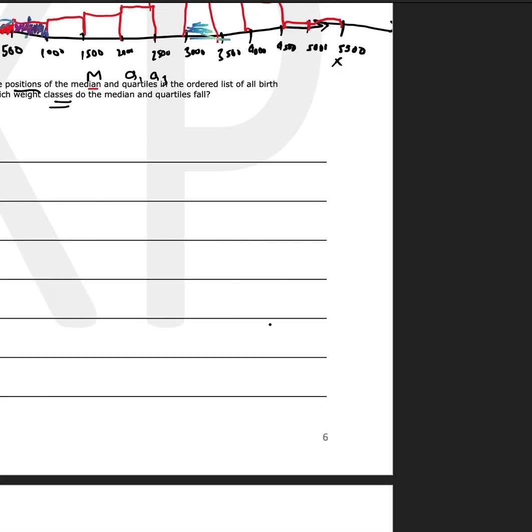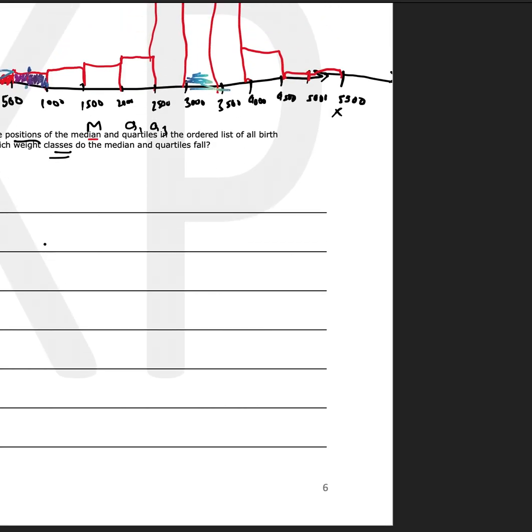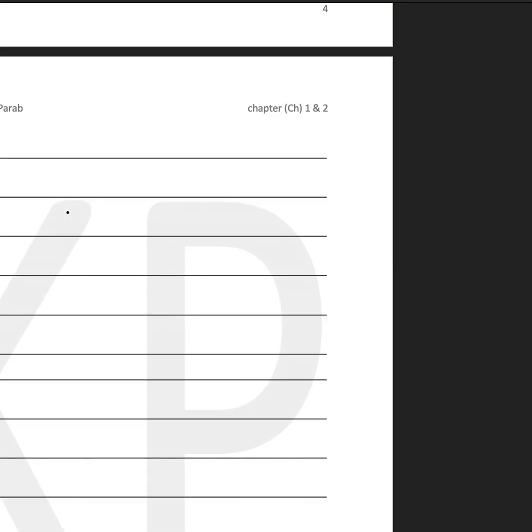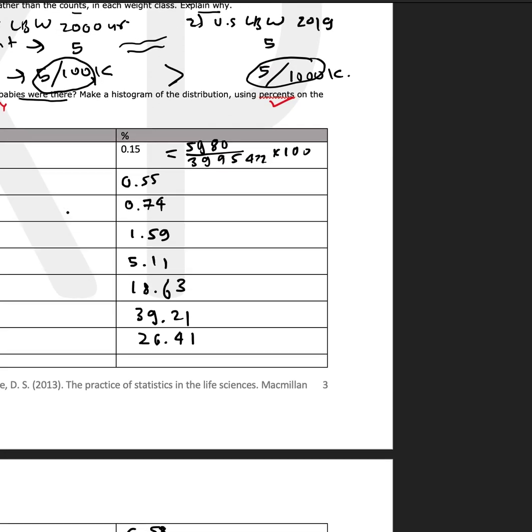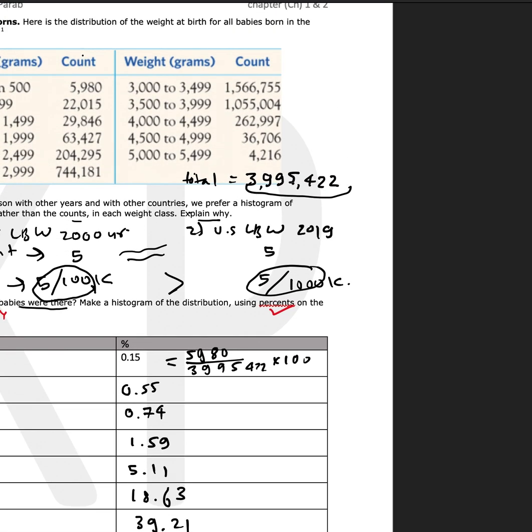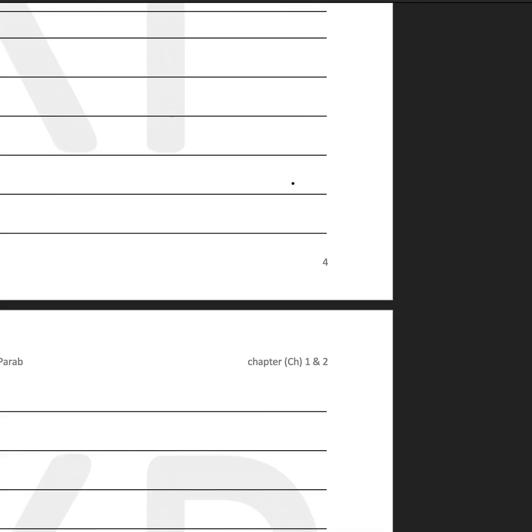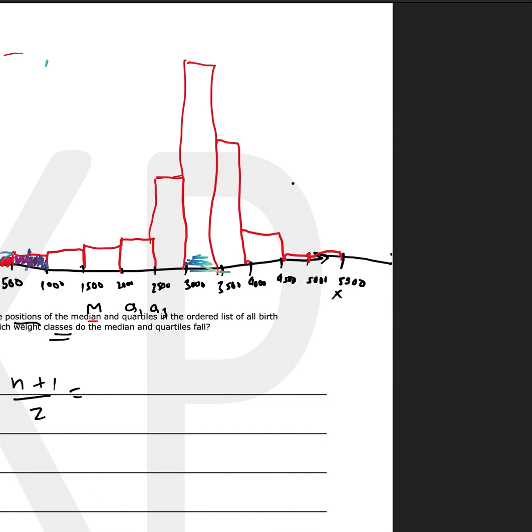For the median, we have the formula (n plus 1) divided by 2, where n represents the total number, and this is the total number right here, 3995422, plus 1, divided by 2.